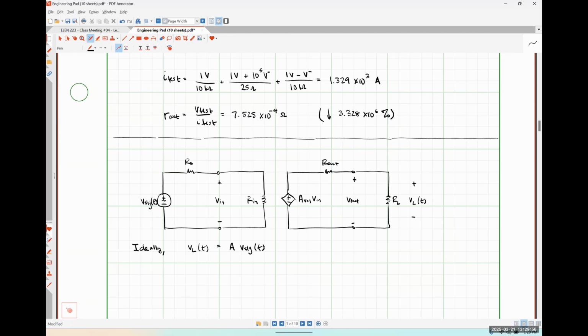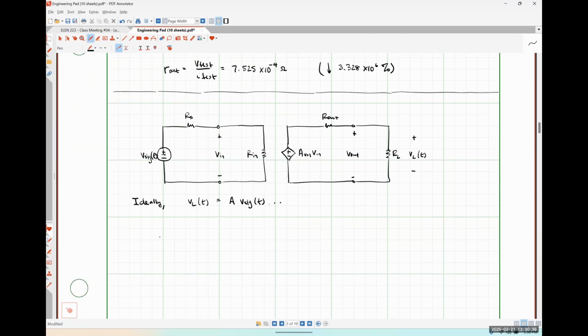So let's start with the left-hand side or the input side, okay? So I want to make Vn be exactly equal to V sig. How could I do that? So let me phrase it in a slightly different way, okay? I believe that the input side of that circuit is a voltage divider, okay?